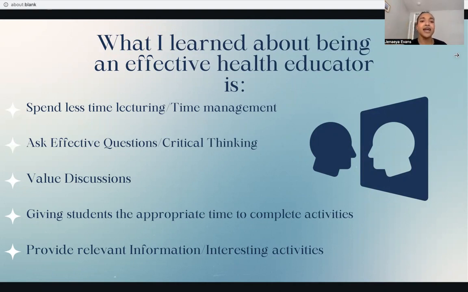But a few things that I learned was to, again, spend less time lecturing and just managing my overall time, so I give students enough time to complete the assessment. Because like I said before, a number of them needed more time. Talking too much and doing the assessments during the class period took a lot of time, so a number of them had to return the assessments the next day.